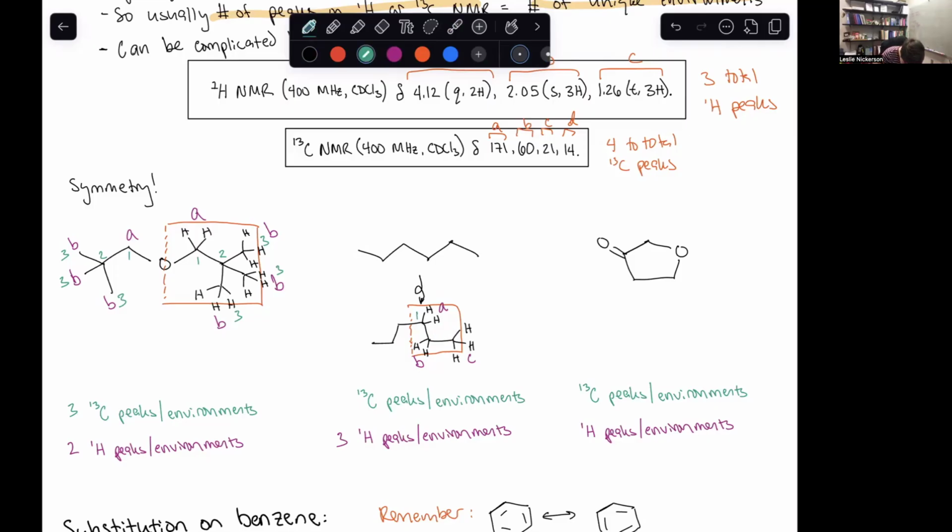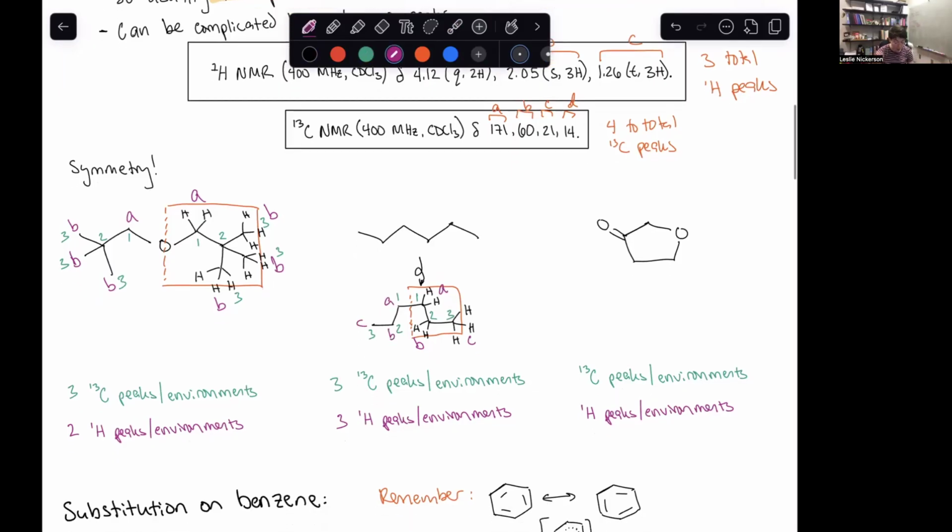And we've got 1, 2, 3 carbons. So we're going to have 3 carbon environments there as well. And that's going to be all mirrored on the other side, as well as our protons with the A, B, C and 1, 2, 3. And then we have even matches. Keeping in mind that these two are mirroring each other, these two mirroring, and then these two mirror.